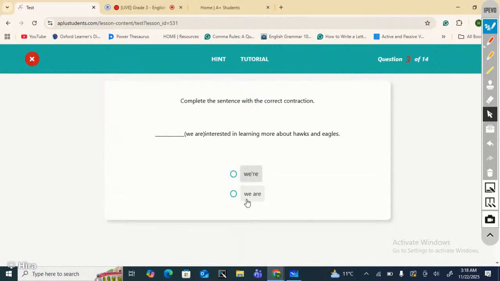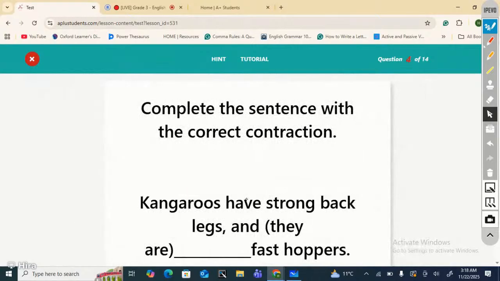Look at option number one. We are, its shortened form is we're. It has an apostrophe in it, which shows that one or more letters are left out.